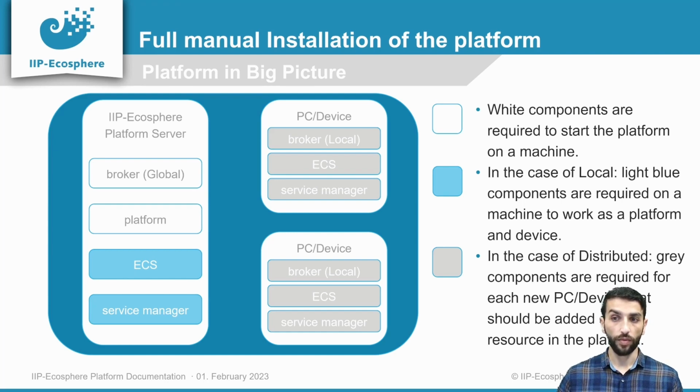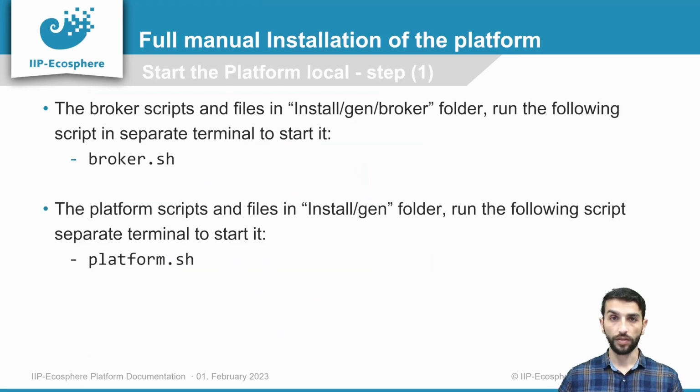The shown white components are required to start the platform on a machine. In case of local, the light blue components are required on a machine to work as platform and device. In case of distributed, the gray components are required for each new device that should be added to the platform as a resource.